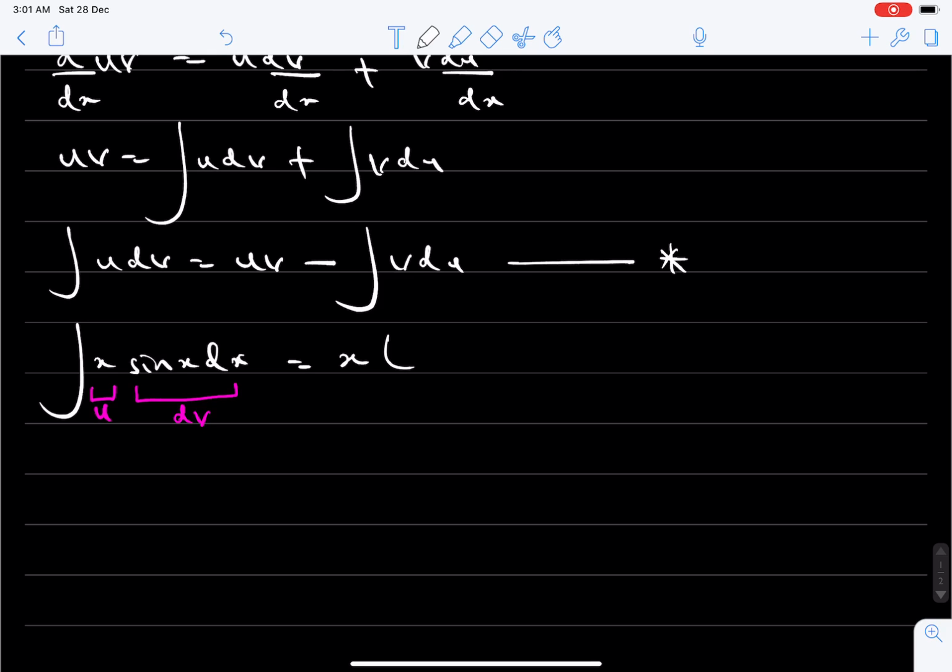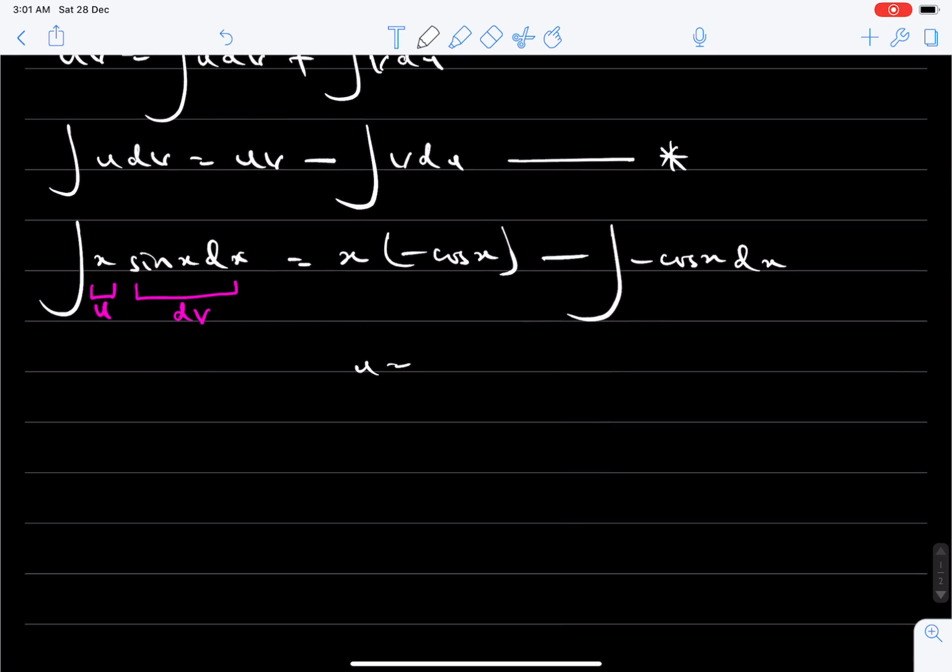If dv is sine x dx, then v will be the integral of sine x. So you just integrate dv to get v, which is minus cos x, minus the integral of v du, which is minus cos x dx.